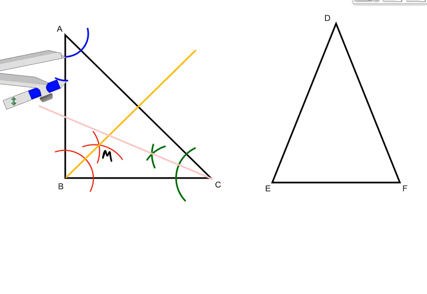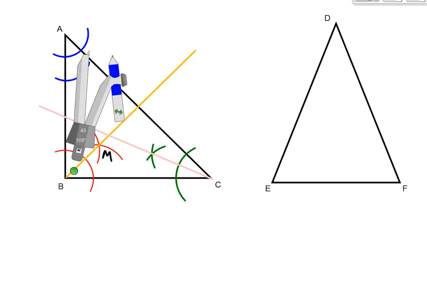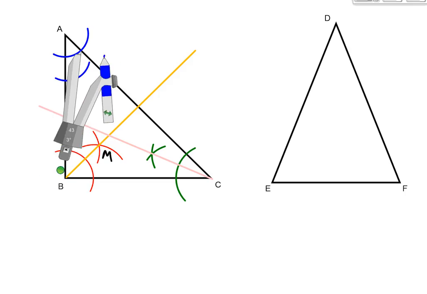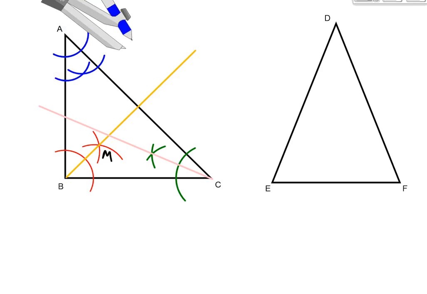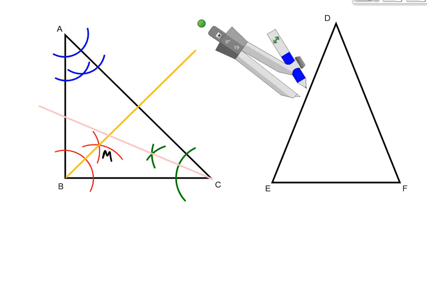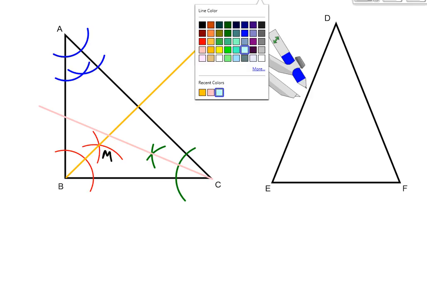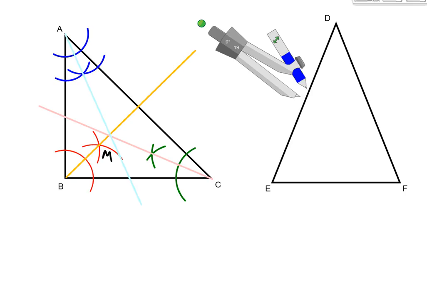And I have to make it kind of long because my compass was away there. And then another one. And once I have those, then I'm going to draw that line. And if I did a super good job, they should all hit in the same spot.